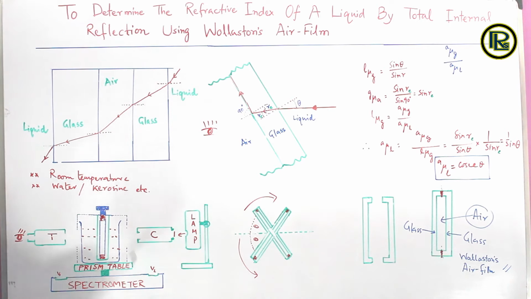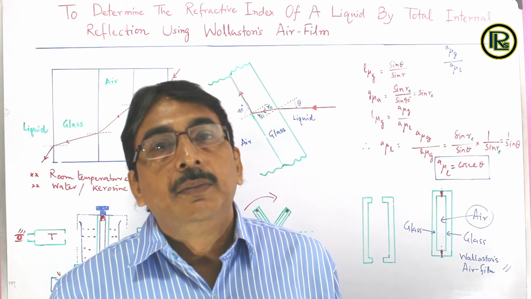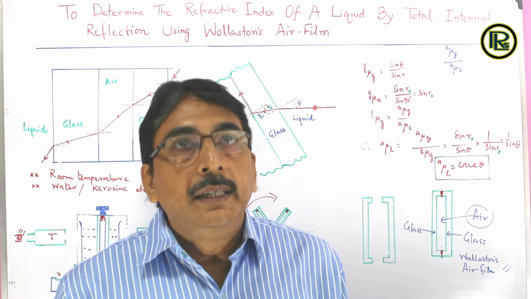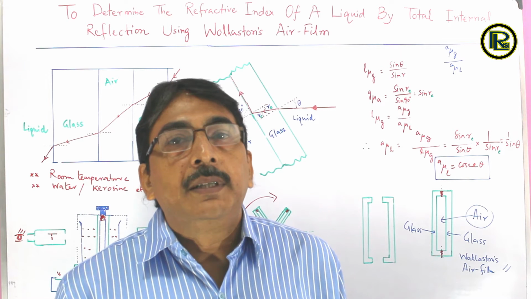Normally in a spectrometer, the prism table is locked while doing the experiment, and rotating the prism we do many experiments. For example, we study the angle of prism, and we study the refractive index of the medium of the prism.